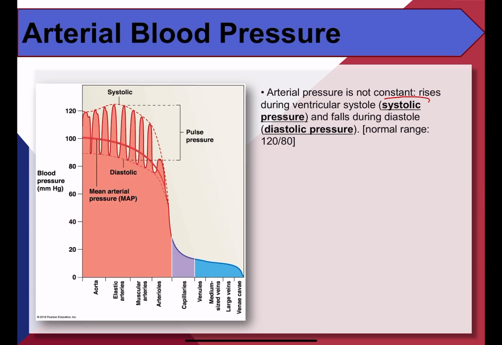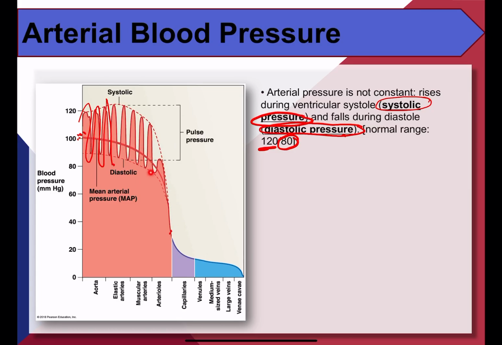So remember, systolic pressure is usually 120, whereas diastolic pressure is about 80. This is what sets our blood pressure range to be 120 for systolic and 80 for diastolic. And that's why you see this up, down, up, down, up, down. That's what accurately illustrates the pressure coming out of the aorta all the way down to the arterioles.